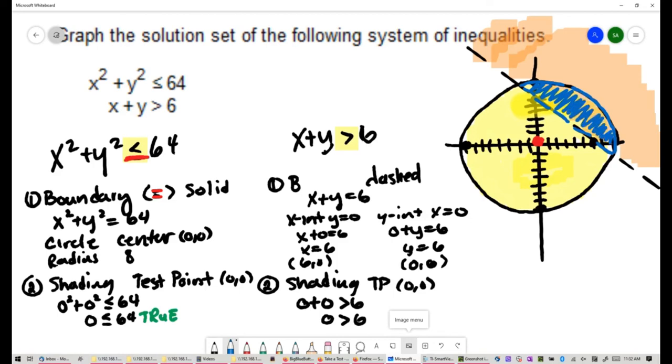So the ordered pairs that we find in that region, trapped by the circle and the dashed line, are solutions to the system of inequalities. We include this solid boundary line, but we do not include the dashed boundary line in our solution set.